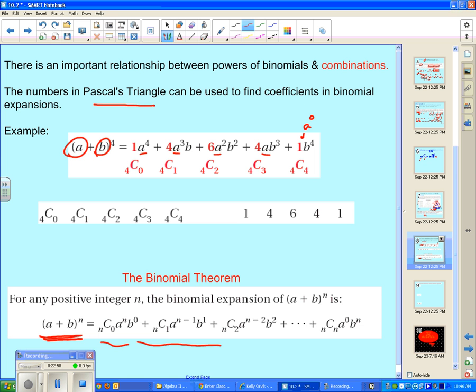Okay? And I have a B in each of these. This one doesn't show it, but it is a B to the 0, and B to the 1st, and B to the 2nd, and B to the 3rd, and B to the 4th.